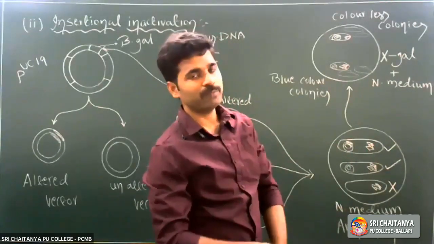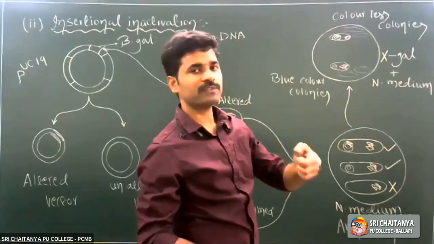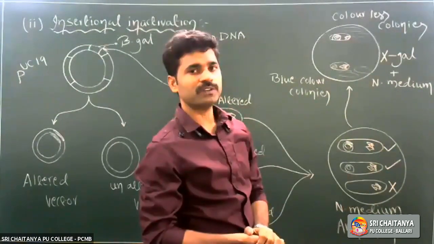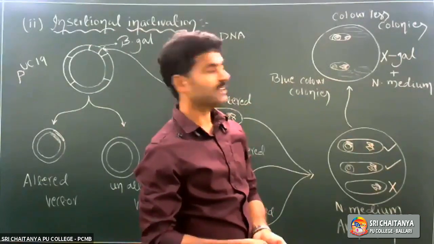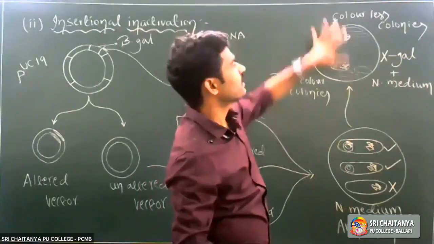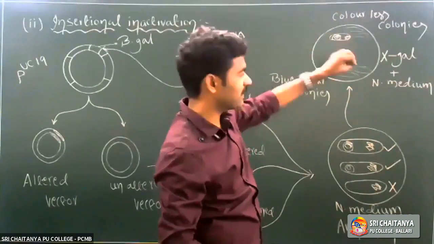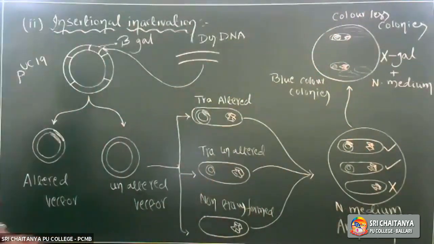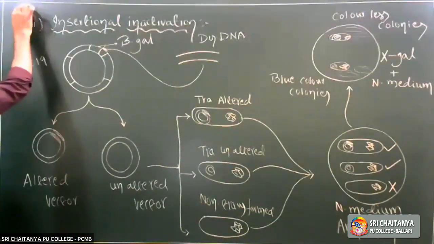So by using a microscope, we can easily select recombinant cells for the further procedure, the further recombinant DNA technology process. For that, we collect the recombinant DNA containing bacterial cells in this step. That is the insertional inactivation process.